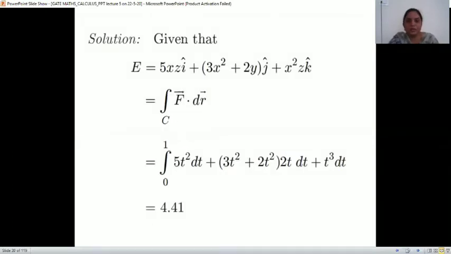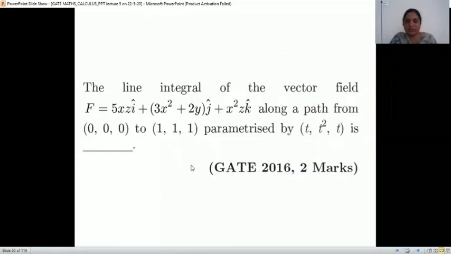Okay, this is 5xz i bar. This f bar is given to you. So for the line integral of f bar dot dr bar, x is t, z is t. So it is 5t square. Next this is (3x square plus 2y). We are writing everything in t, and then this is into dy. 5xz dx, x is t, so dx is dt.